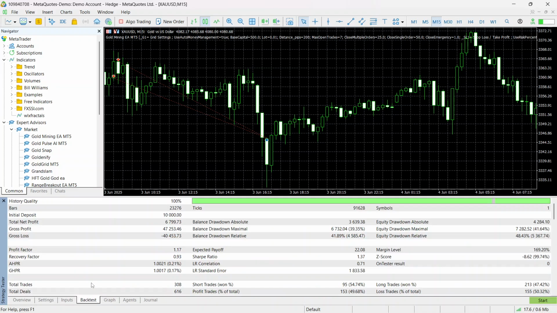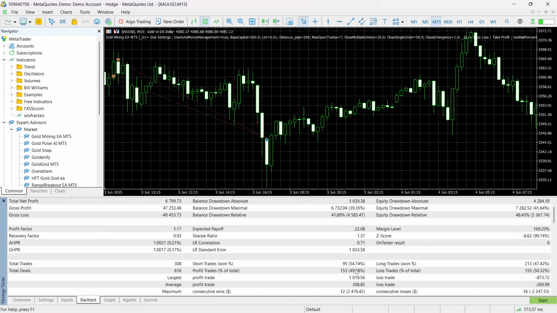It ended with about $6,800 in profit, which is solid growth on paper, but looking at the stats, the profit factor is just about 1.17, total trades 308, and the win rate is low at 49.68%, approximately 49.7%, with more loss trades than profit trades.